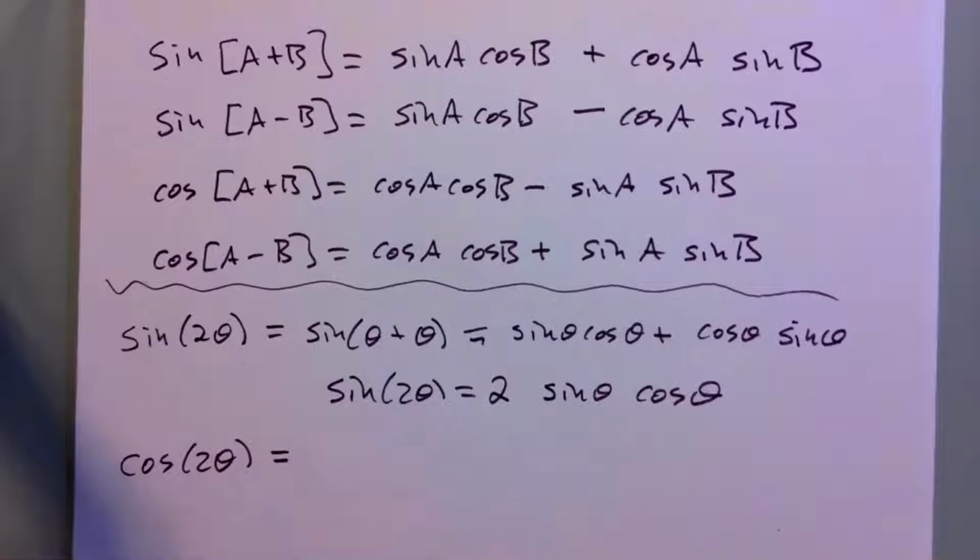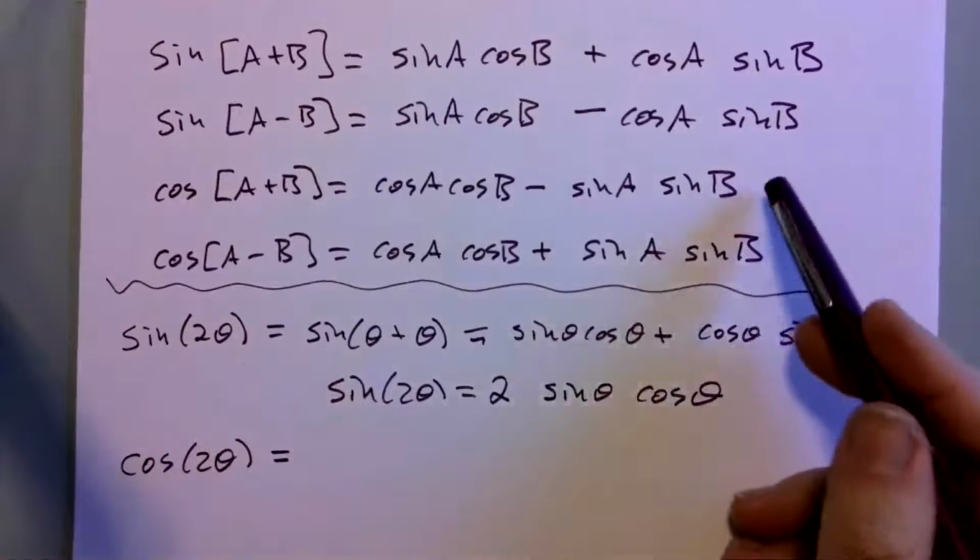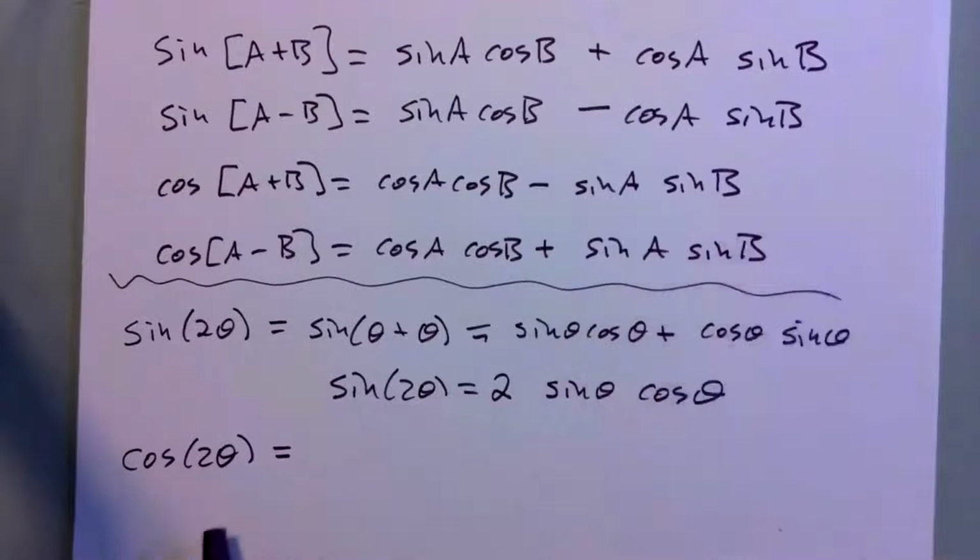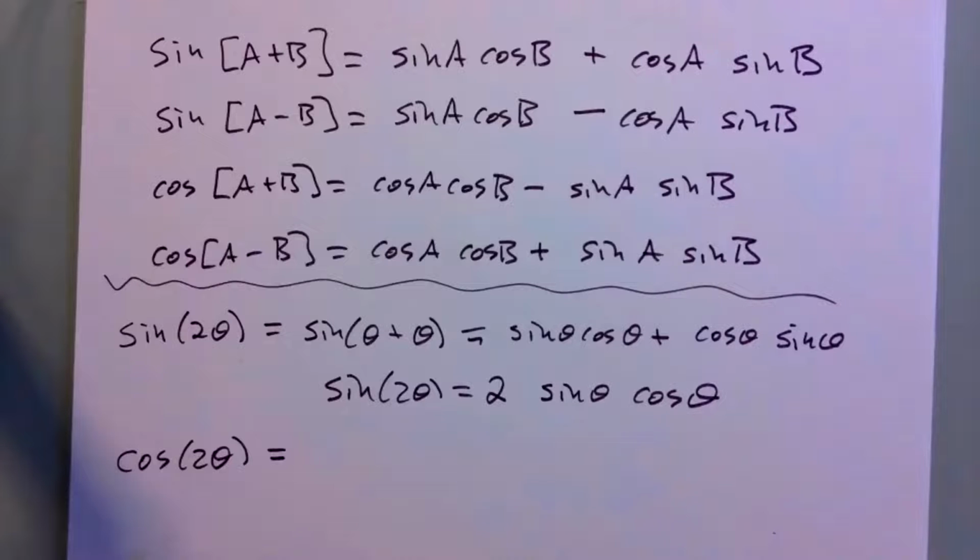So try that, and if you have an answer, you can go ahead and write it in comments. So see if you can use the appropriate formula, this one here, to establish an identity for cos of 2 theta. I'll check the comments to see how well you're doing with that. So A is theta, B is theta.